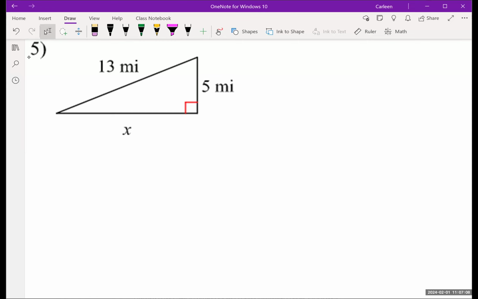So step 1, put an H on the hypotenuse on your paper or your Cami, whatever you're doing, and then tell me what you chose to be your hypotenuse.